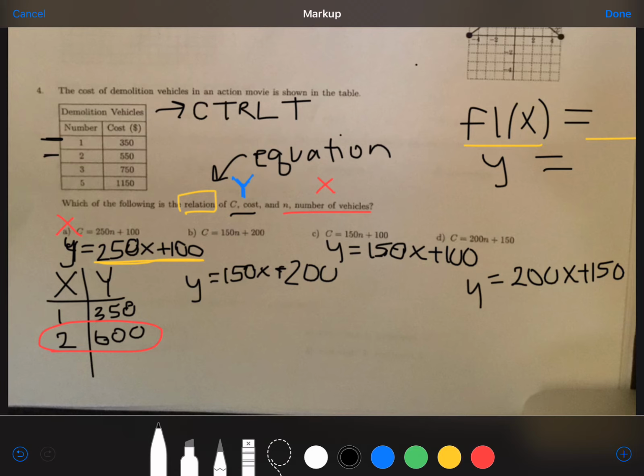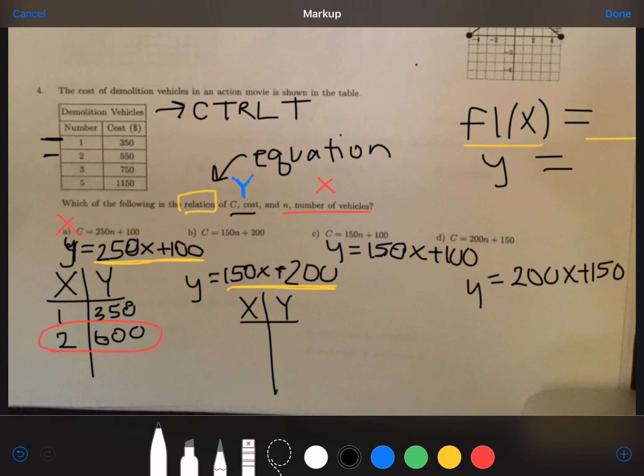Press the up arrow. Delete the equation that is there. And then you're going to type in our equation for B, 150X plus 200. After you type that in, press Enter. Then you're going to press Control T. Pull up your table.